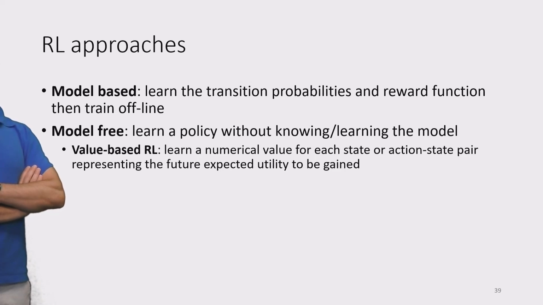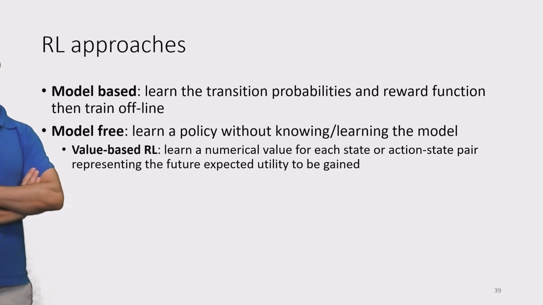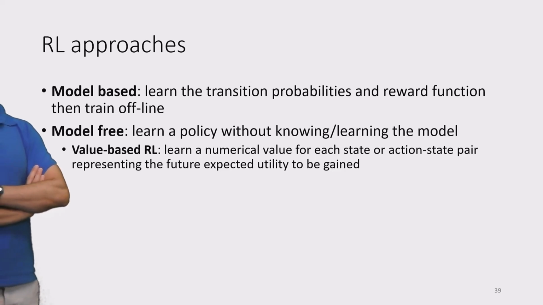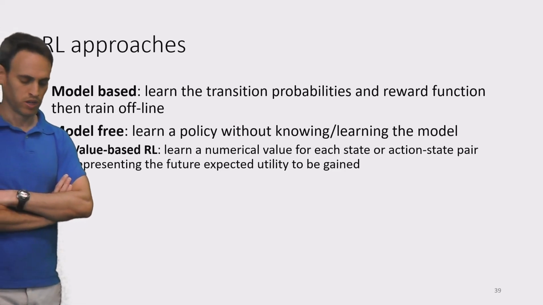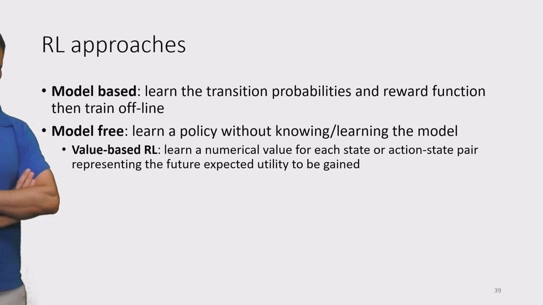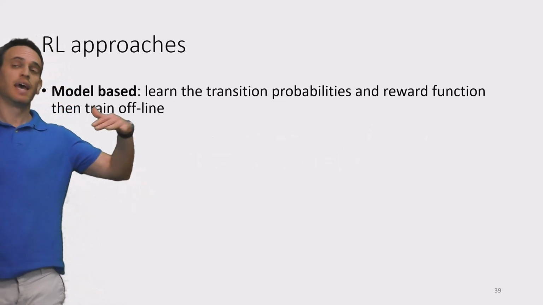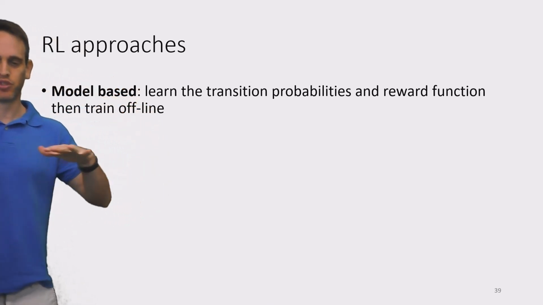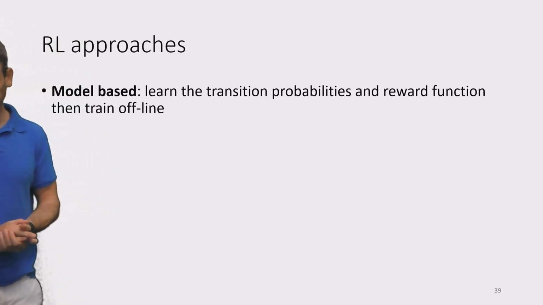So for model-free reinforcement learning, we look at two main approaches. The first is value-based reinforcement learning, where we learn a numerical value for each state or action-state pair, representing the future expected utility to be gained. These are the main RL approaches we're going to cover during this course, at the highest level, and of course these general classes can be further broken down into subclasses.